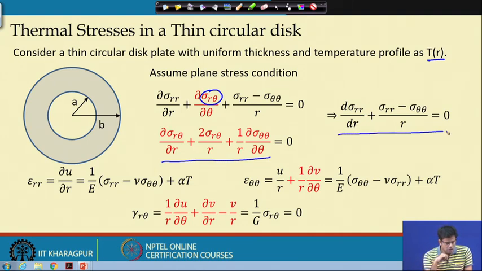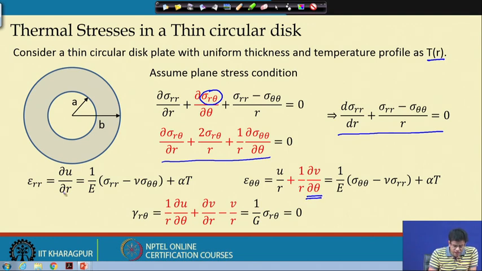Now, similar to our previous case, we know the strains in the polar coordinate system. There will be u, the radial displacement, and the theta direction displacement v, which will be 0 because v is not a function of theta.